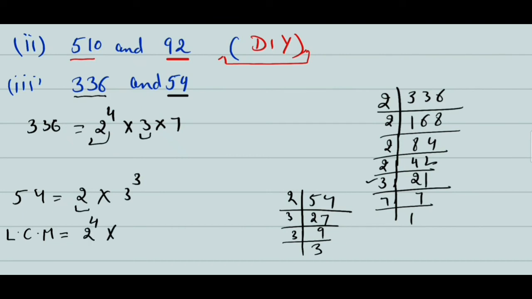Next we have 3 and 3 raised to power 3, so I will write 3 raised to power 3 into. Next we have 7 and here we don't have 7, so we will directly write 7. After multiplying this, 2 raised to power 4 is 16, into 27 and 7. If I multiply all these, I will get 3024.